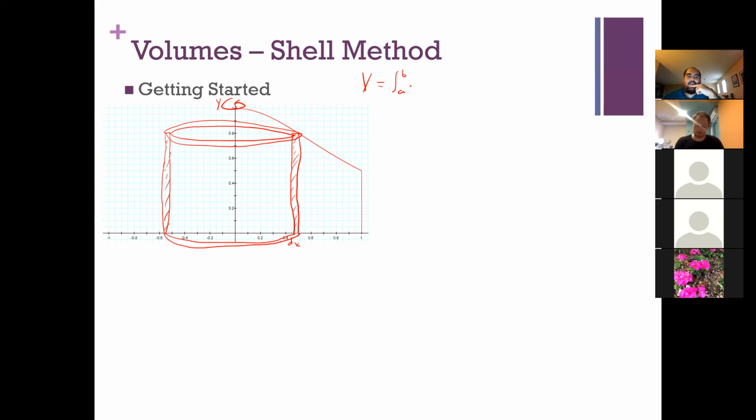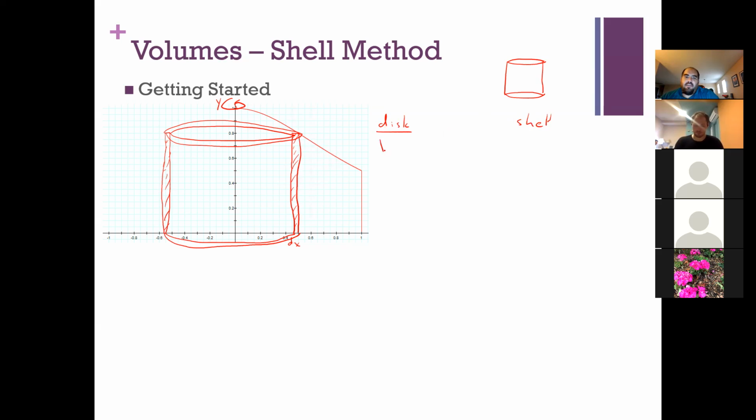That is all for the disk method. So let me draw a cylinder here off to the side. And I believe I said this yesterday, but I might have said it kind of subtly. Let's actually juxtapose the disk method versus the shell method.